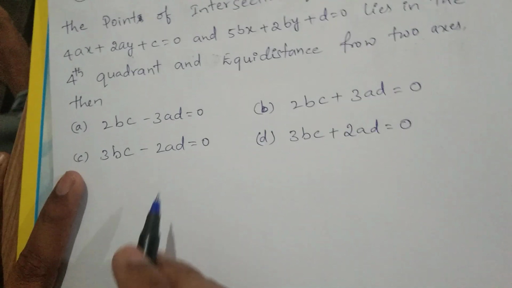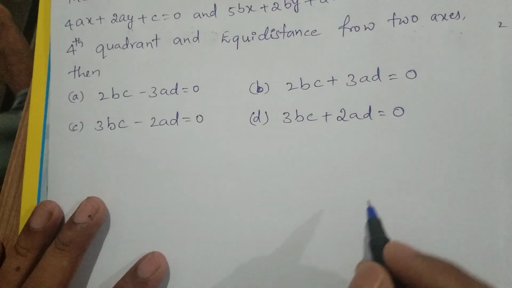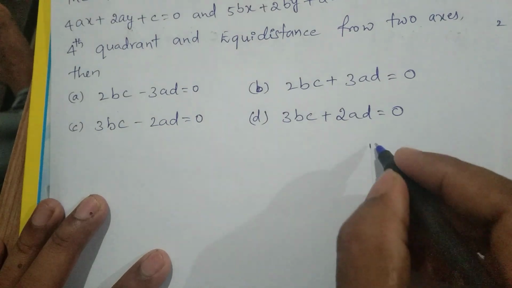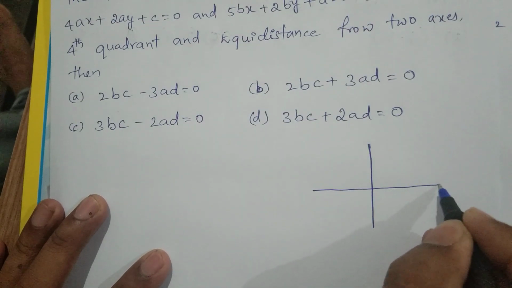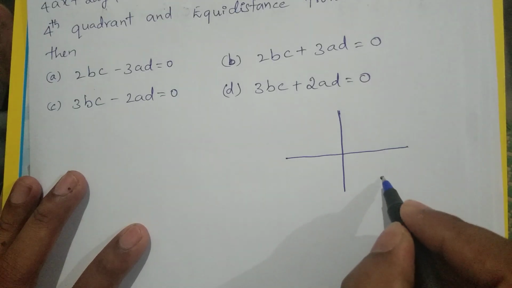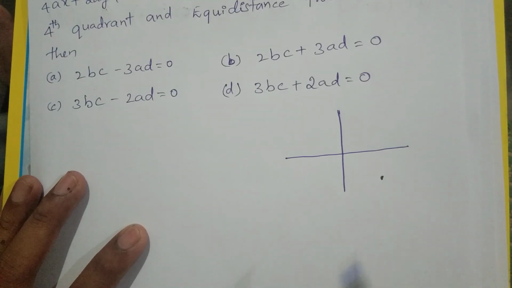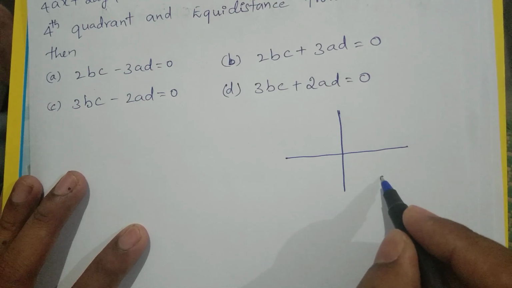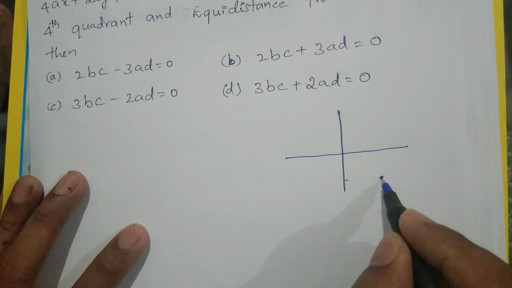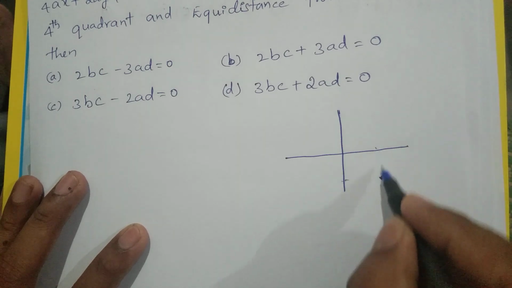Let me see. Now I will draw. The point is in the fourth quadrant. This is the point of intersection. This point is equidistant from both the axes, from this axis and from this axis.